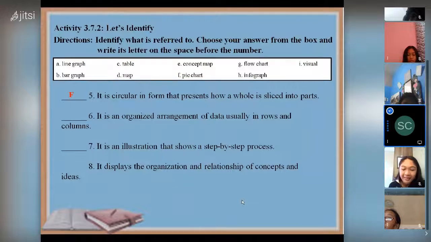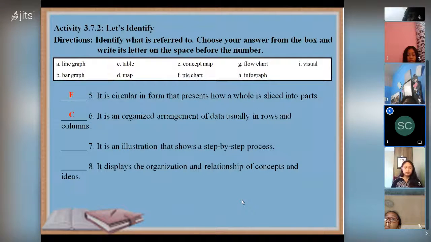Okay. Rows and columns. The clue is rows and columns. C. Table. Correct. Table.